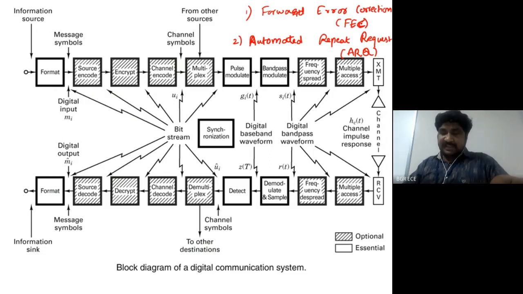In the FEC method, the receiver has the correction capability for the erroneous bit, whereas in the case of automatic repeat request, the receiver will only detect the errors and it will not correct them. Instead, it will ask the transmitter to transmit the information once again so that the correct data will be received by the receiver.